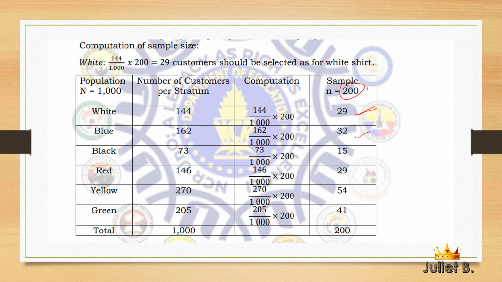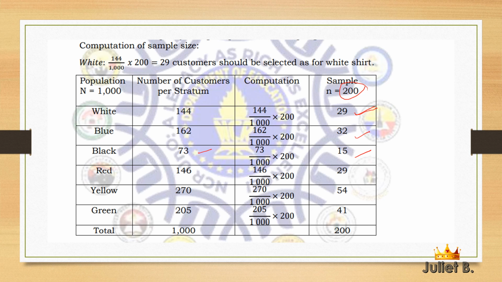Next, sa black, merong 73 customer na gusto ng black. So, ang gagawin para malaman ko kung ilang sample ang kukuhanin ko sa customer na gusto ng black ay 73 divided by 1,000. That is 0.073 times 200. That will give us 15.